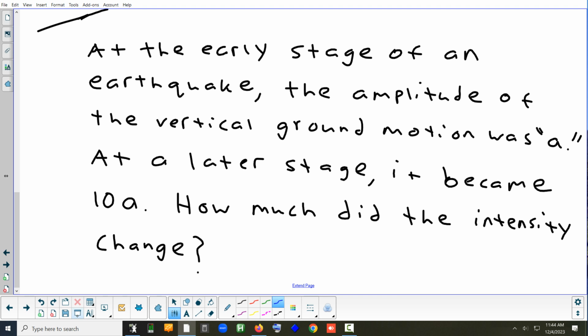All right, so let's think about the vertical ground motion. When is it stronger? Earlier on or later? Oh, later on it becomes stronger because it turns from A to 10 times A. So at a later stage, it's 10 times as much ground motion.